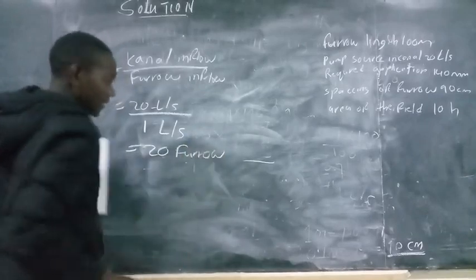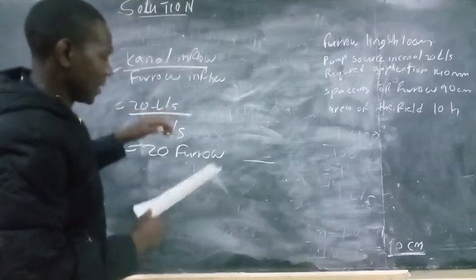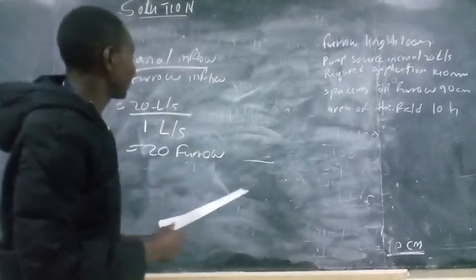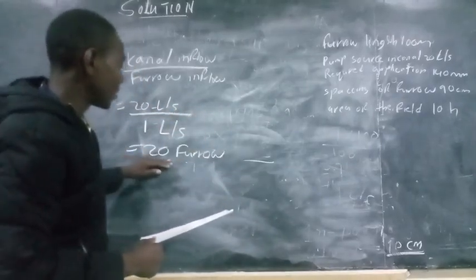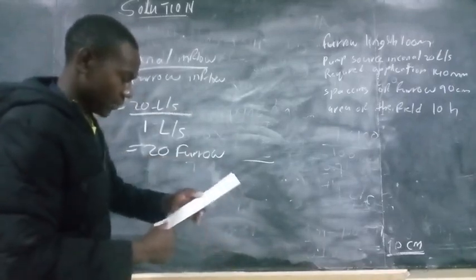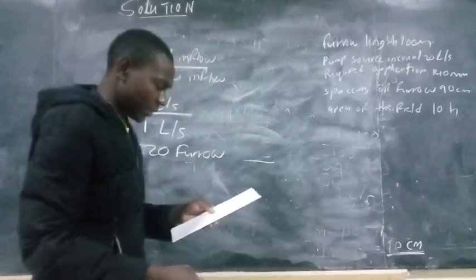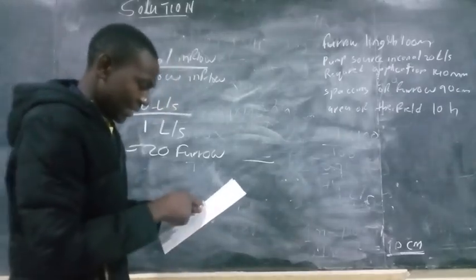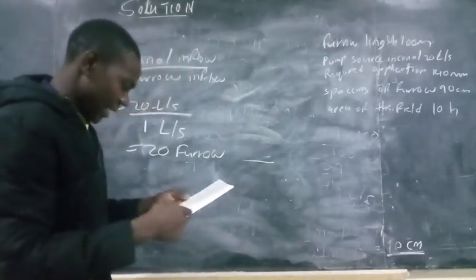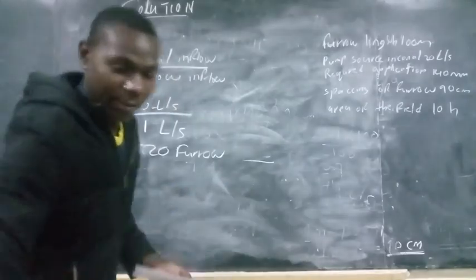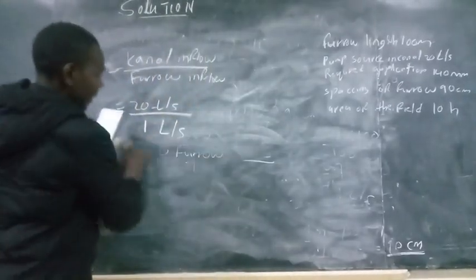So in that particular time, which is 3.75, we are able to irrigate about 20 furrows. So we dive in again to the next question, which is the area that can be irrigated at the same time, which is a very simple thing again to calculate.